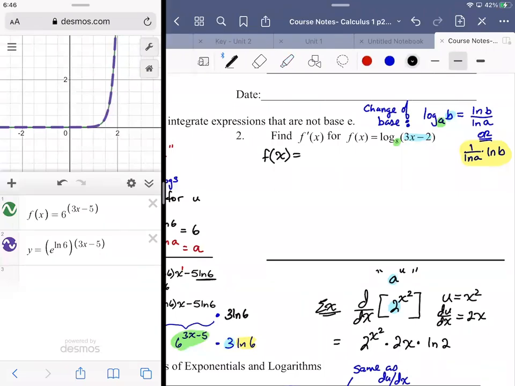So I'm looking at 1 over ln of 8 multiplied by ln of 3x minus 2, just by applying this rule here. A little over highlighting, but you get the idea, hopefully.